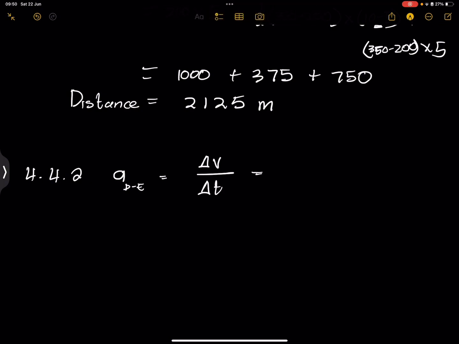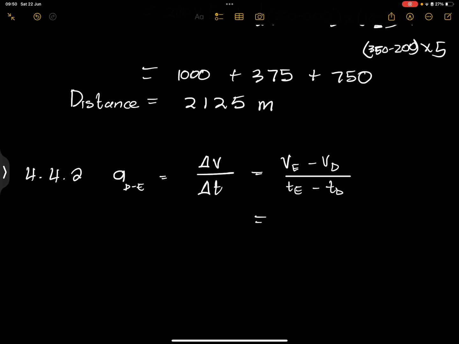So this would be the velocity at E minus velocity at D, divided by the time at E minus time at D. Whatever order I have at the top, I must maintain at the bottom.